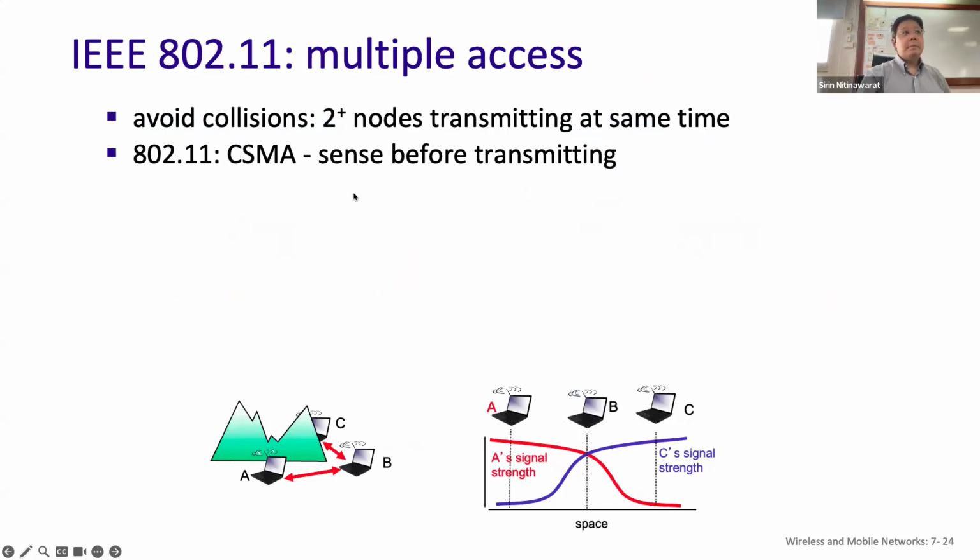So to mitigate the interference, Wi-Fi has a mechanism to avoid collisions by multiple mobile devices. This mechanism is called carrier sense multiple access.